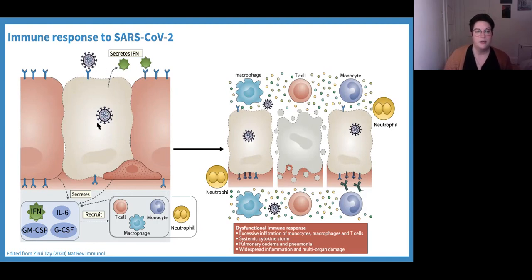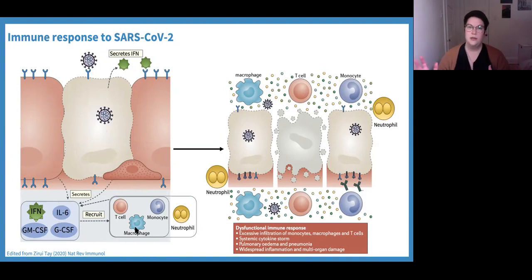So this virus will infect lung epithelial cells, and from there, these infected cells secrete interferon. And through the infection process, you have the secretion of other cytokines, including inflammatory cytokines like IL-6, GM-CSF, and G-CSF.